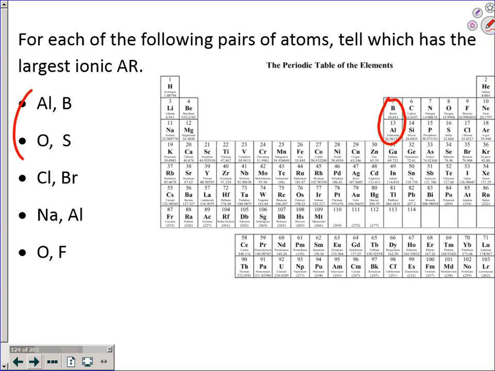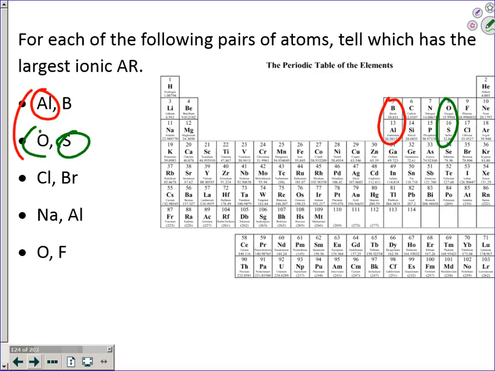Aluminum, because it's lower down in the group, so it's got more energy levels. So aluminum is definitely larger. Anthony, for oxygen and sulfur. By the way, everybody, oxygen and sulfur is here. Sulfur, because again, it's lower down in the group, so it's got an extra energy level.